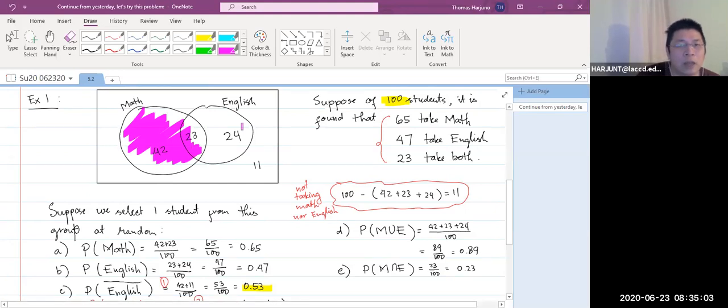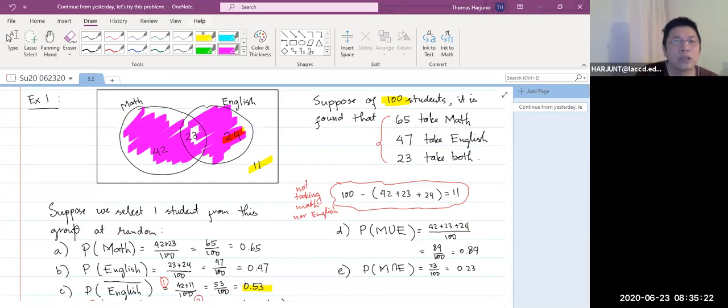Okay, not taking math refers to 24 and 11. Okay, but at the same time, that person should not take English either. So I need to dark this out. Boom. So what is the number that is not in math? That's 24 and 11. And also not in English, that is 42 and 11. Okay, so how many people are not taking math and not taking English?